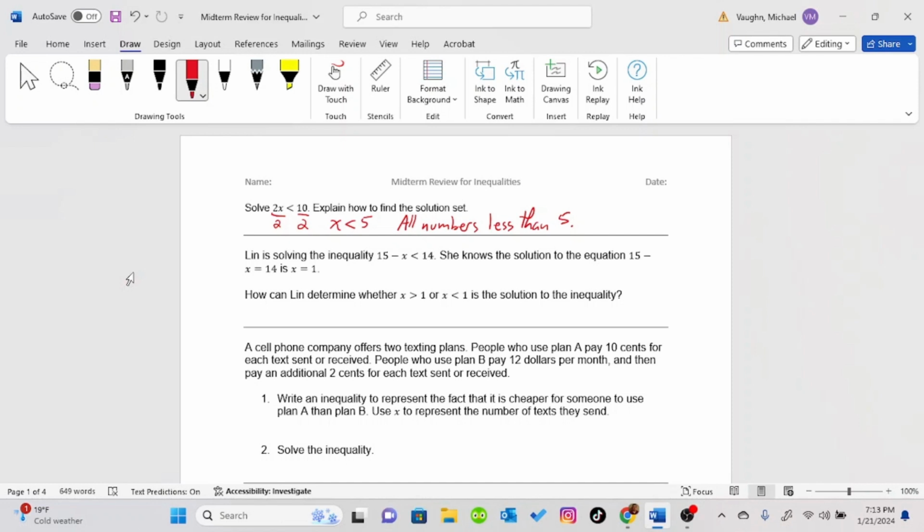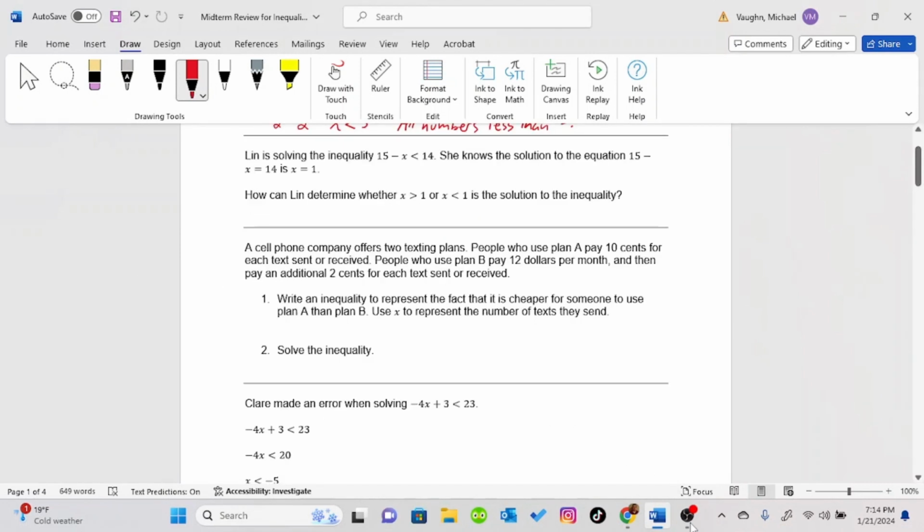So this could be 4, this could be 0, this could be negative 20. As long as the number is less than 5, it will be a solution in this solution set.